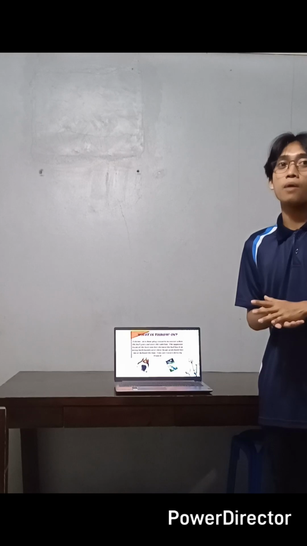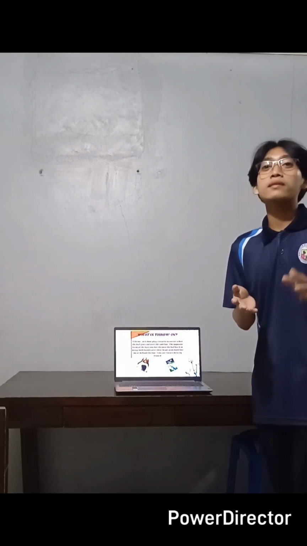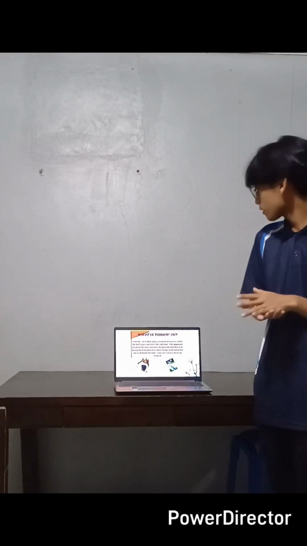However, there are some instances. Let's say for example, Team A and Team B. When a player from Team A kicks the ball and it goes out, Team B will be the one to perform the throw-in.